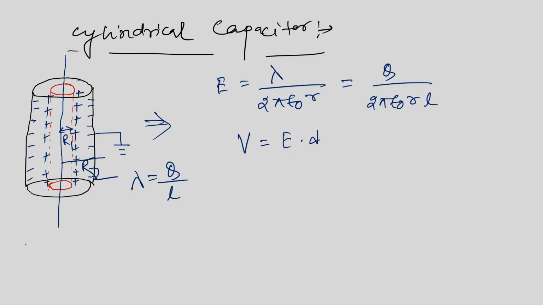As the charges are separated by a very small distance, we'll assume it is equal to Q by 2 pi epsilon naught multiplied by R multiplied by L, and the small distance we are assuming as dr. In this case we'll assume the potential as dV, for smaller distance, the smaller potential difference.